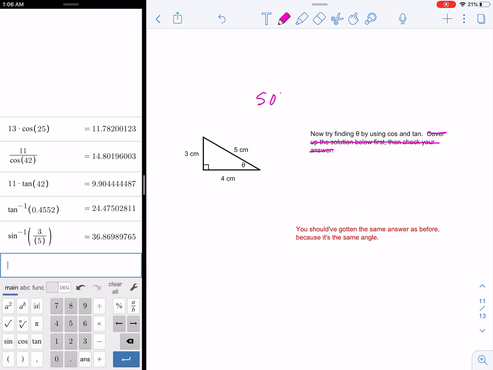So, SOHCAHTOA again. All right, so for cosine, cos of theta equals adjacent over hypotenuse. So cos of theta, this side is the adjacent, this is the opposite, this is the hypotenuse. So adjacent is 4, hypotenuse is 5.